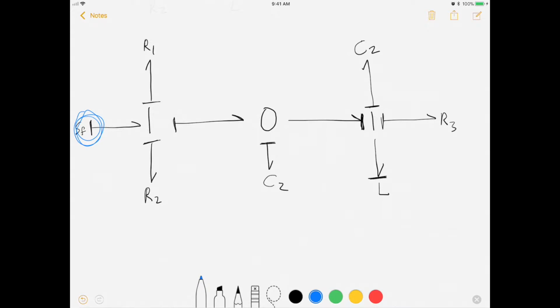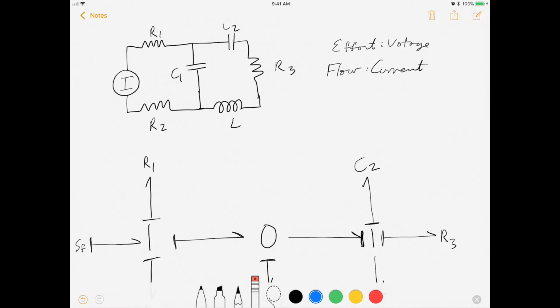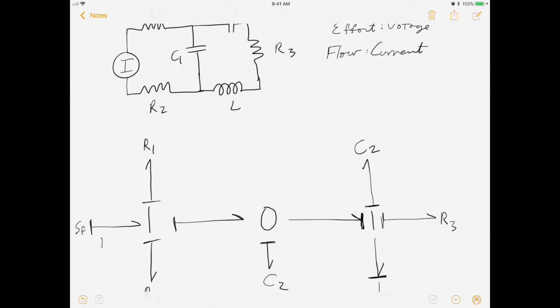So what is the common flow around that junction? It's very simple. It is going to be whatever this SF, the source of flow, is, because the causality is pointing there. There's no arrow there. So the common flow into the one junction is effectively going to be, yes, you guessed it, I.